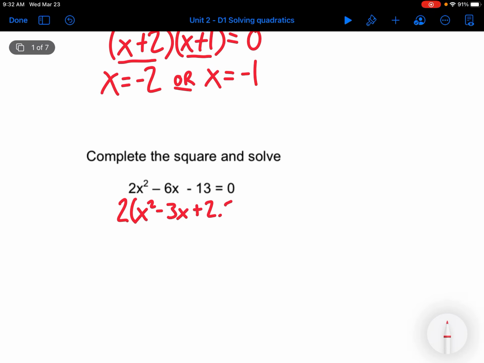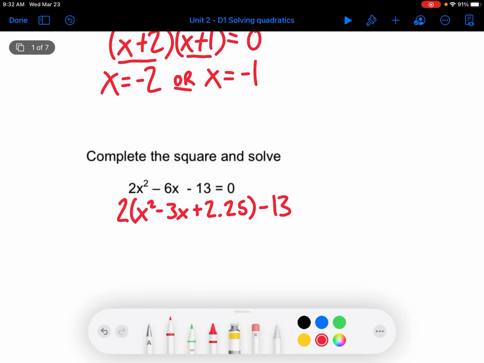So we get 2.25 minus 13. And if I've added that 2.25, really what I've added, I'm just going to put a mark in here, I've actually added 4.5 because 2 times 2.25 is 4.5. And I need to remember that if I were to expand that out, that's what I've added in.